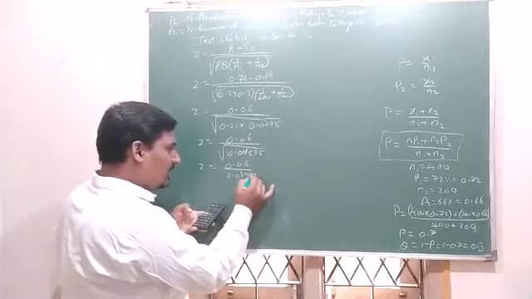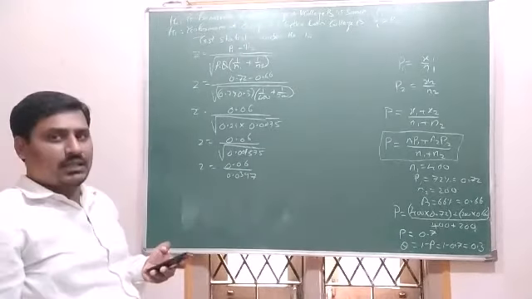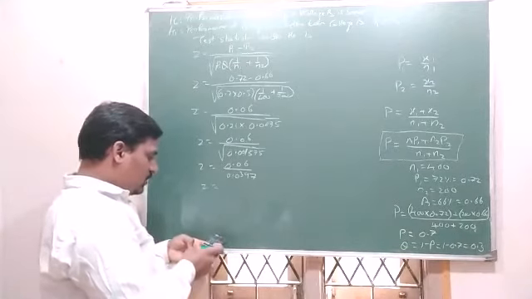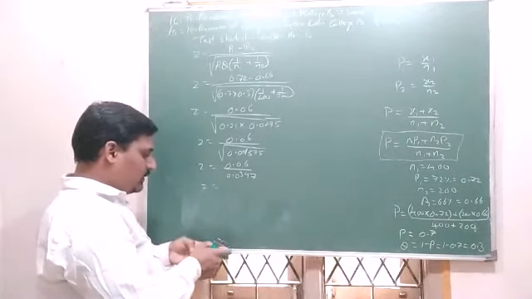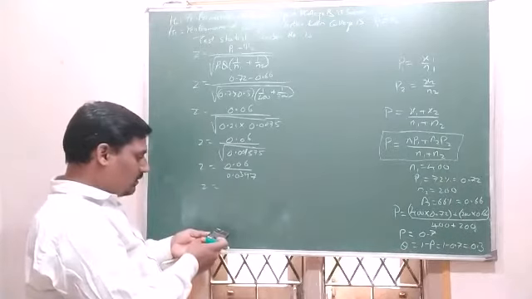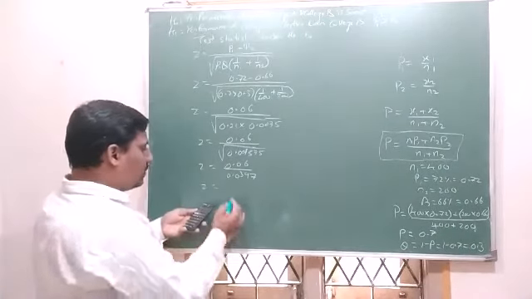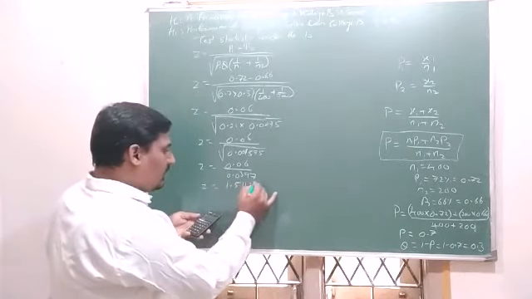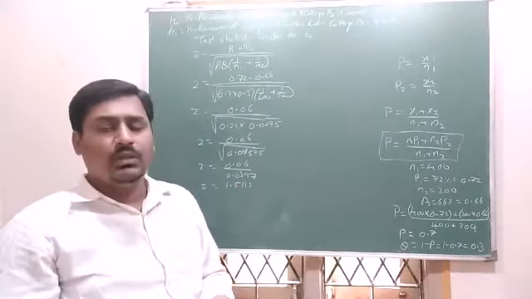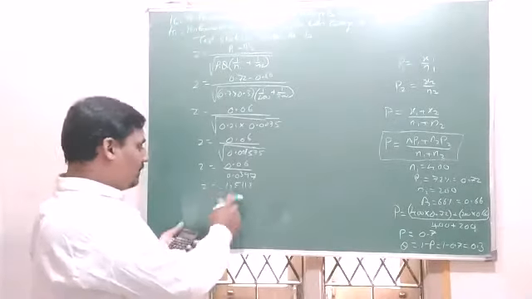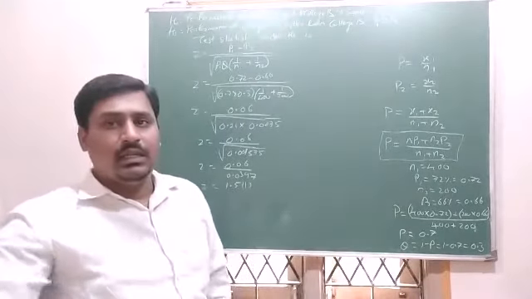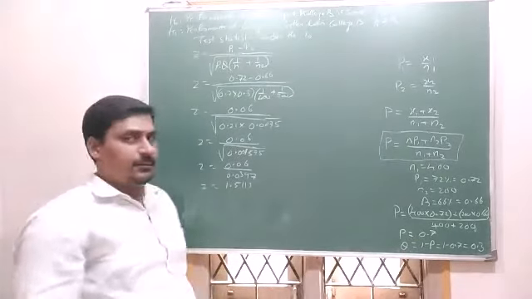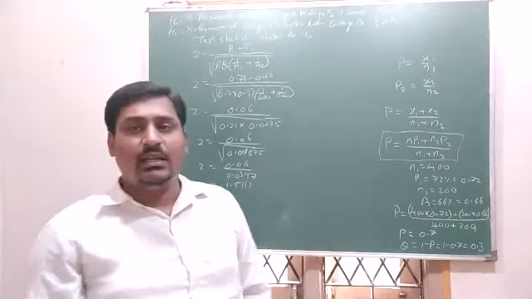I will take 0.0397. So Z is equal to 0.06 divided by 0.0397, which is equal to 1.5113. So 1.5113 is the answer.